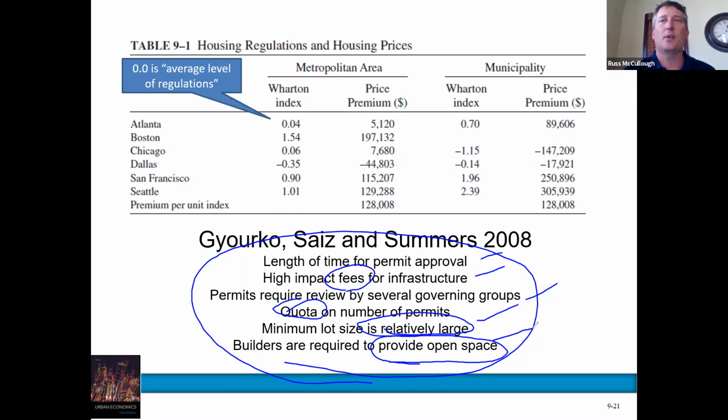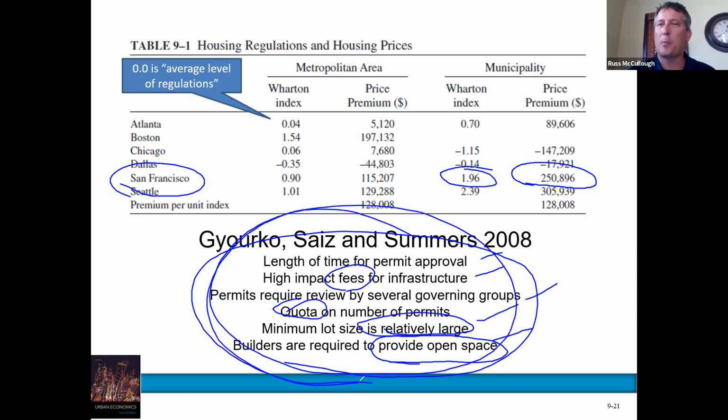What these folks did is look at the premium that people are paying on the houses. San Francisco, very heavily regulated, they estimated a $250,000 premium because of the regulations. Taking all of these things into account, they came up with an index metric, like we've prepared other indices.